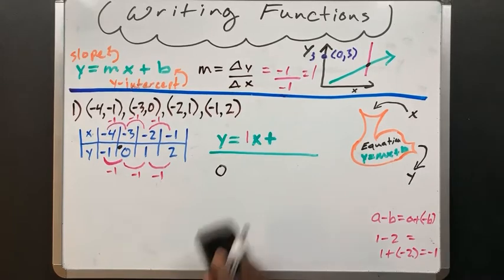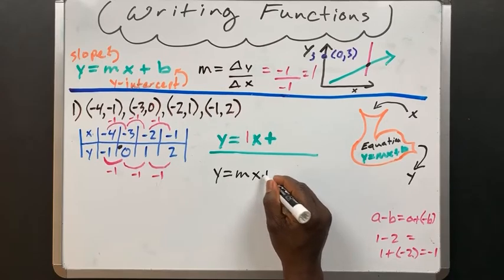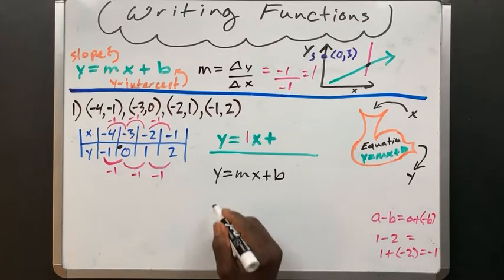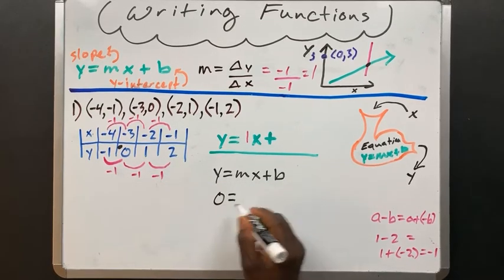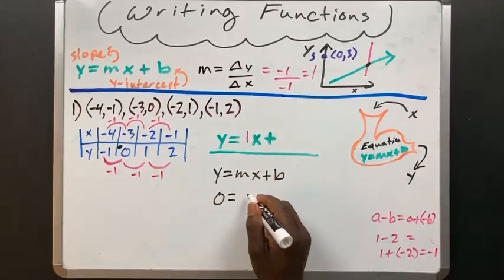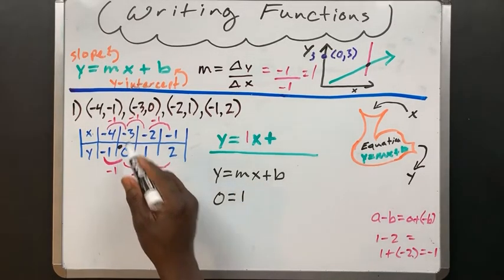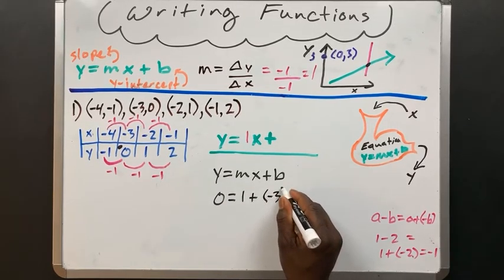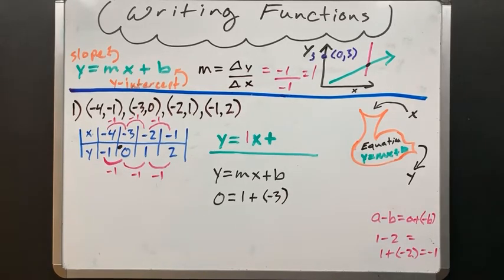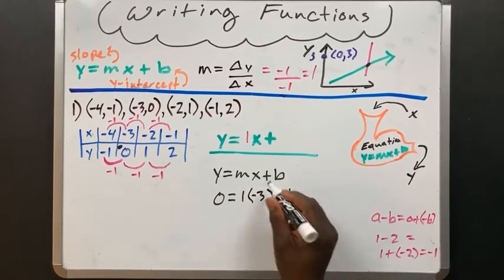Substituting, well, first let me write the equation. y equals m times x plus b. And I substitute 0 for y. And the slope is 1, so substitute 1 for m. And the x value is -3. One times -3 plus b, and I brought the b down.